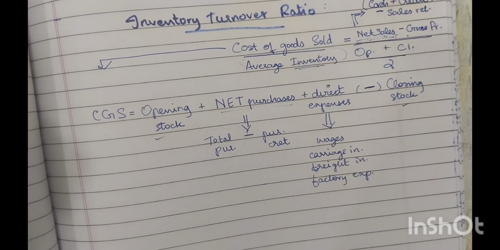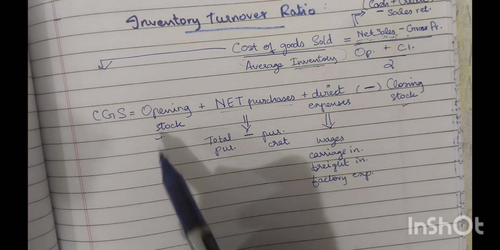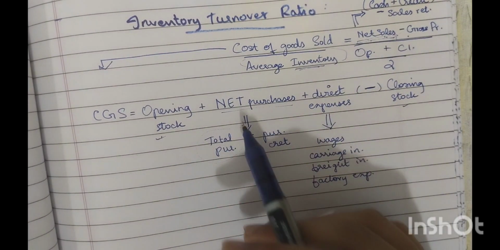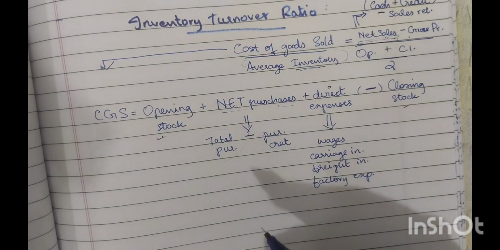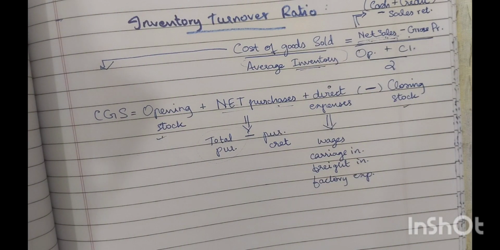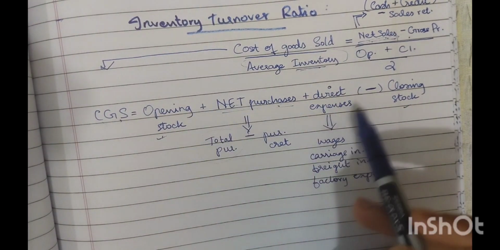Right, so basically the stock we have in the beginning of the year, along with the additional stock that we got from our net purchases, along with the expenses that we had to incur to get the goods, which is the direct expenses.